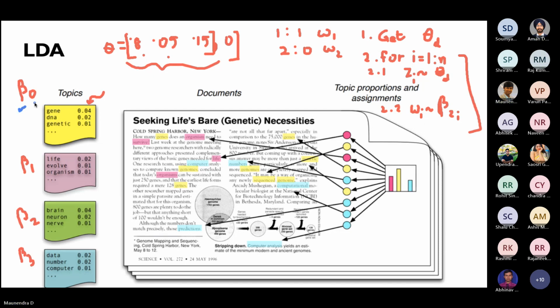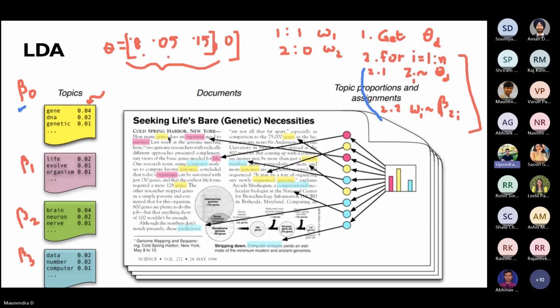For i equal to 1 to n, we are sampling over the words, n being the number of words in that document, right? Right. So this 2.1 and 2.2 are inside the for loop. These two steps repeat as we go from word 1, word 2, word 3, like that.